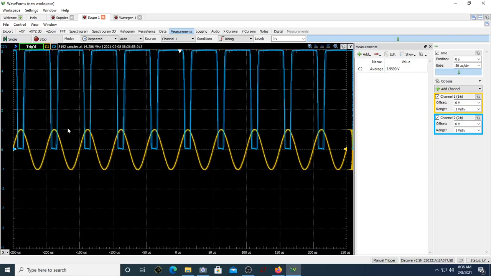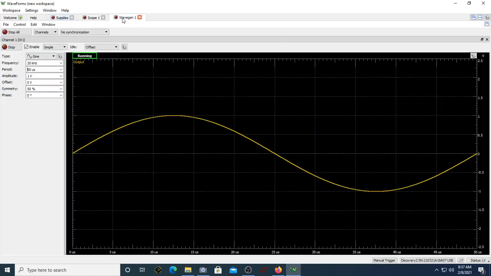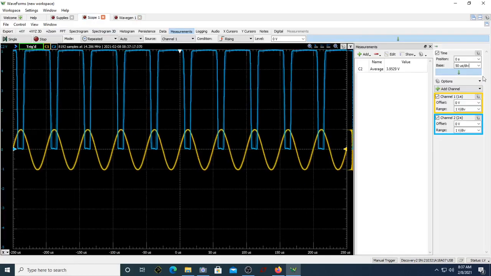This is what we are looking at on the input, because the time base in your scope should be the same as the time period of the signal. If the time period of the signal, which is 50 microsecond, is equal to the time base of your scope, then you're going to get 10 cycles on the scope.